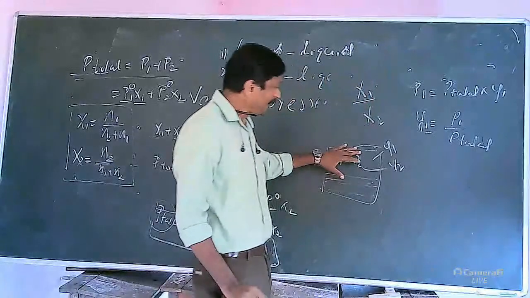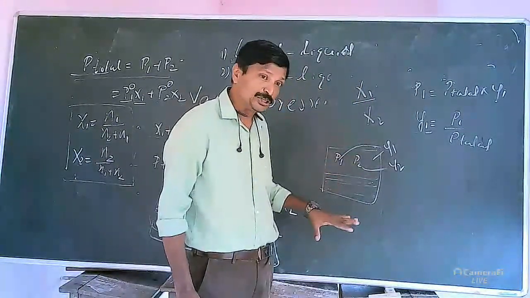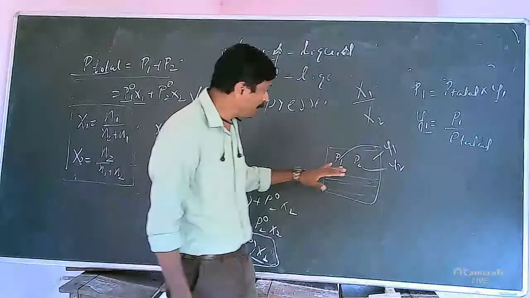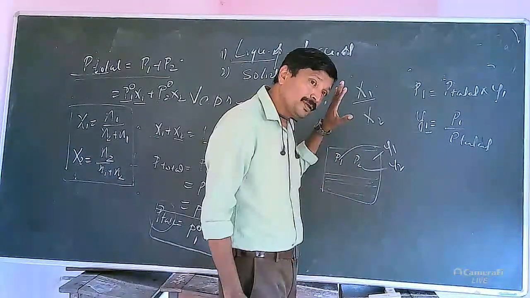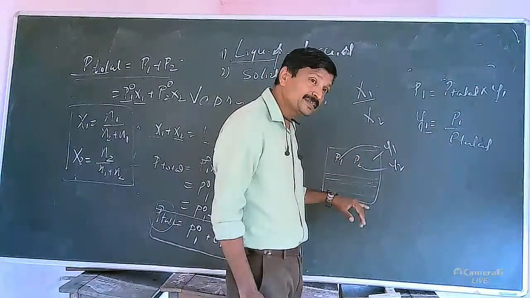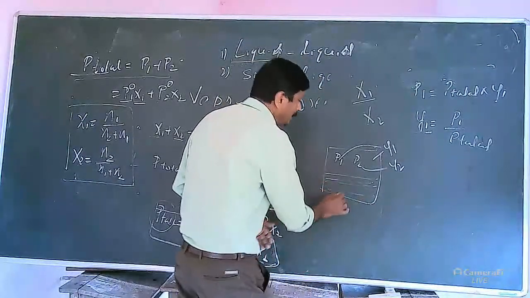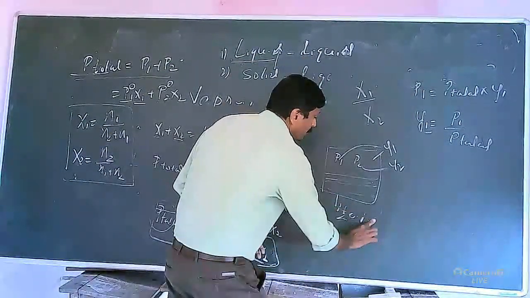What is this Y1? The mole fraction in a vapor phase. What is x1? Mole fraction in a solution. Don't get confused. Y1 is the mole fraction in a vapor phase, and x1 is the mole fraction in a solution. Both are different. Suppose water and alcohol are there.